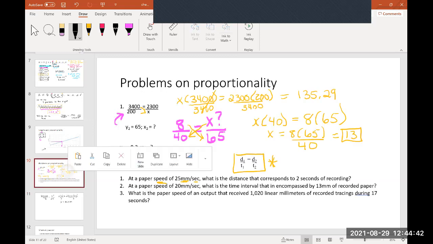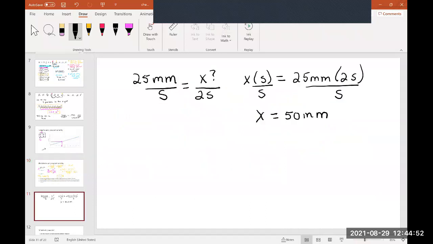What about the second problem? Paper speed of 20 millimeters per second. And what is the time if we have 13 millimeters of recording? Now we have 20 millimeters per second equals 13 millimeters over T2, and we need to solve for the time. It's a proportionality problem.